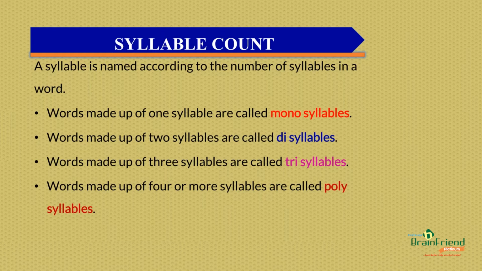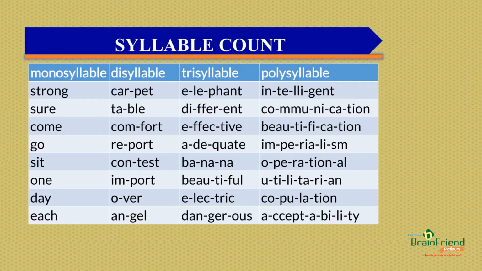Now, let's take a look at some examples of the different syllable counts. For words of 1 syllable, we have strong, sure, come, go, sit, one, day, and each. For words of 2 syllables, we have carpet, table, comfort, report, contest, import, over, and angel.